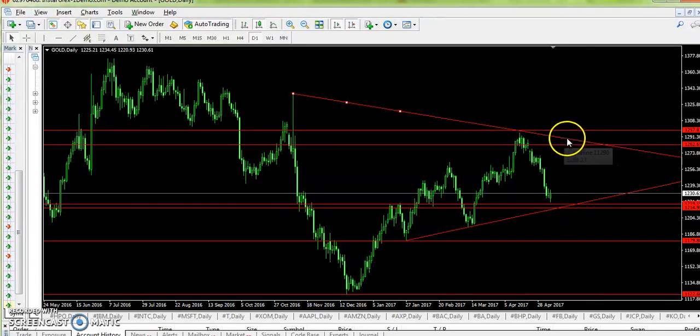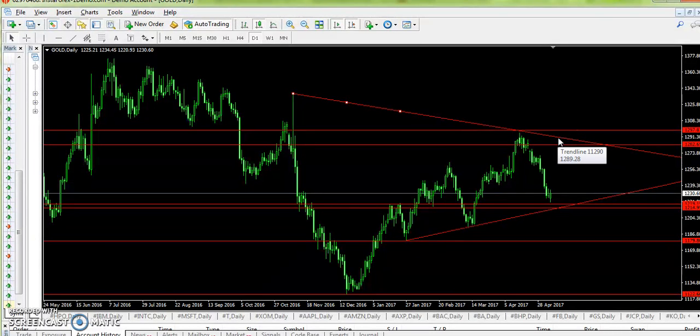Make sure that in order to have a bear market, you want to see this particular trend line break. So if fundamentals or geopolitical developments influence the gold market in the upcoming days and you find the price at 1282 or near about, you may sell at this point as well.